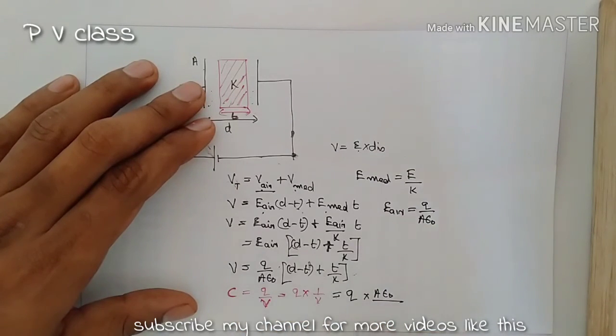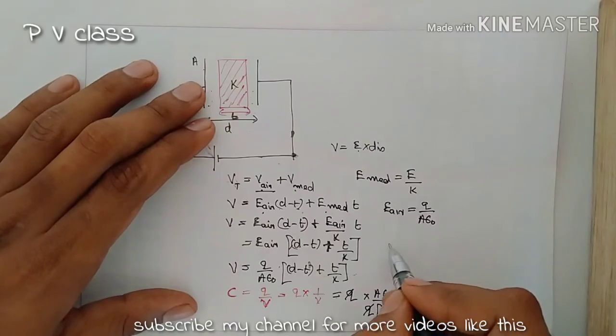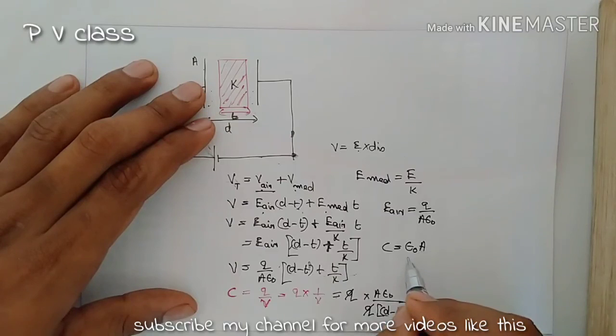In the numerator we have Q and this complete bracket, so in this case we write it in the denominator: Q into D minus T plus T by K. Clear? Reciprocal. Q and Q will get cancelled and ultimately we will get C is equal to epsilon 0 A divided by D minus T plus T by K.